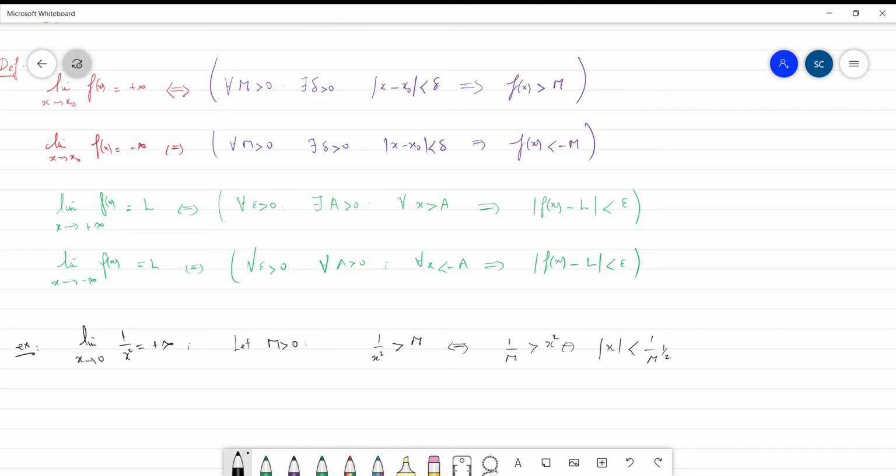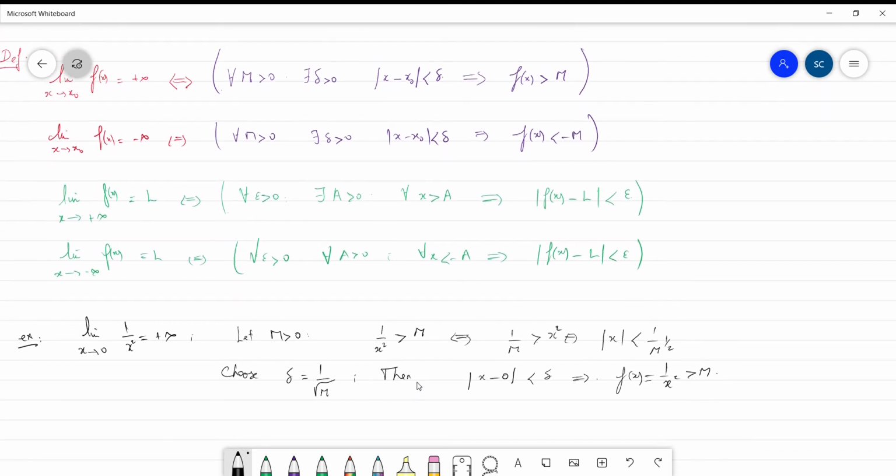I am approaching 0, so it's enough to choose delta equal 1 over the square root of M. Then for absolute value of x minus 0 less than delta, because I have an equivalence here, I have my f(x), 1 over x squared, greater than M. So you see how the definition is verified.